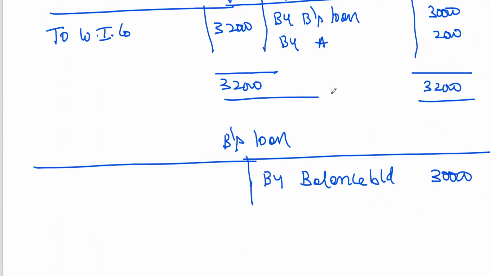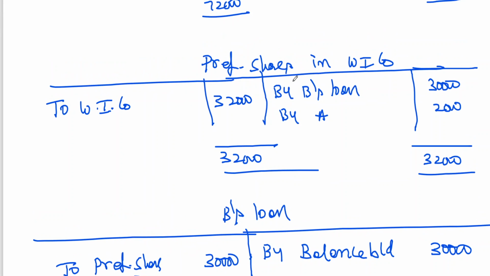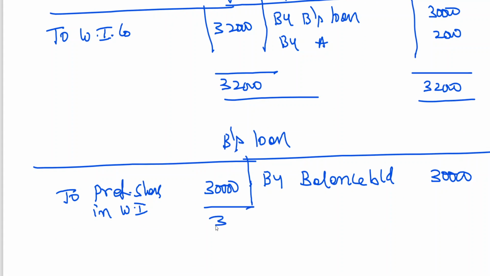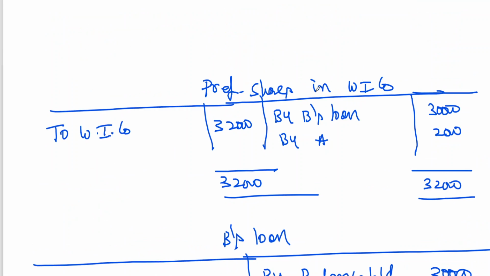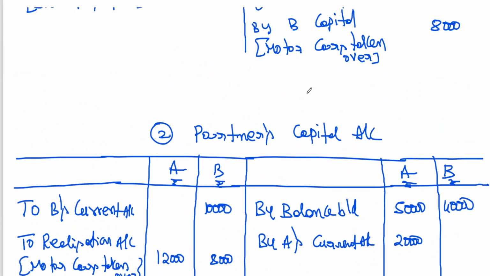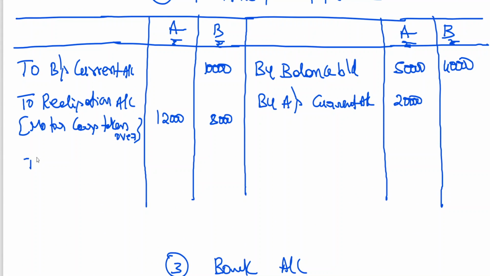Then next, B's loan to preference shares in Western Indian Company 30,000. You can see the entry I have written: B's loan account debit to preference shares in Western Indian Company. All the accounts have been closed. Now these entries I should go for posting in capital accounts.